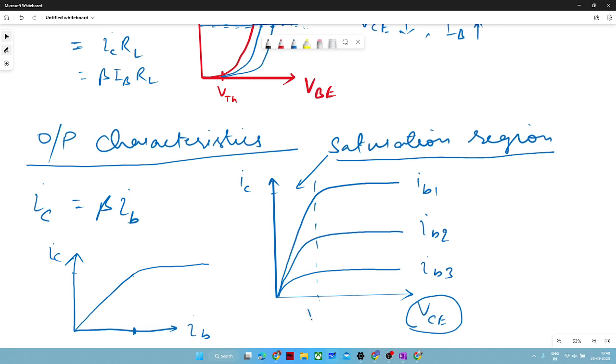And its value VC threshold, we should not try to cross this limit of threshold. Otherwise, you will fall in active region. And if you go further, you will be in breakdown region. So that's all about its output characteristics, I guess.